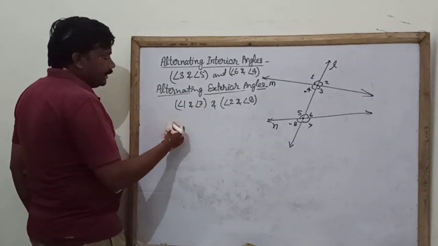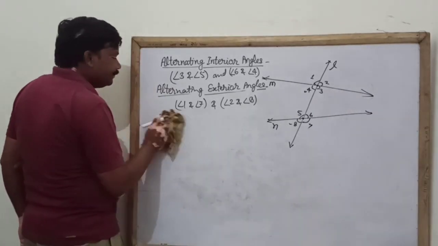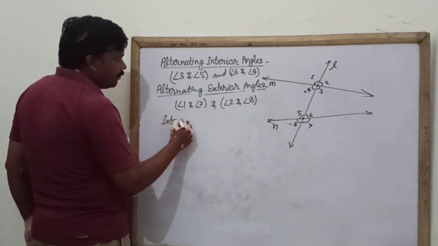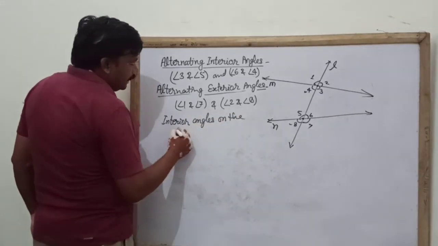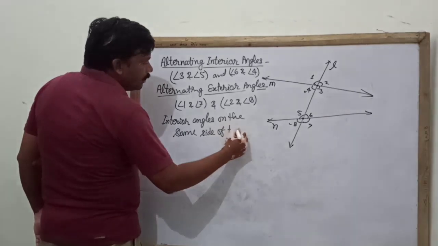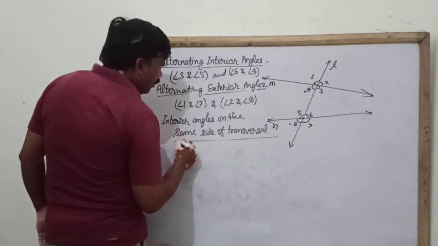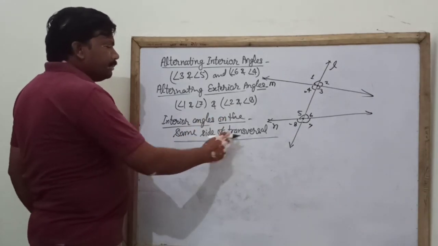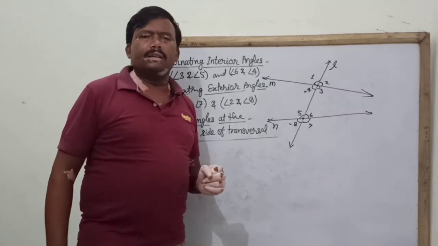Next term is interior angles on the same side of the transversal. You can recognize easily interior angles on the same side of the transversal.